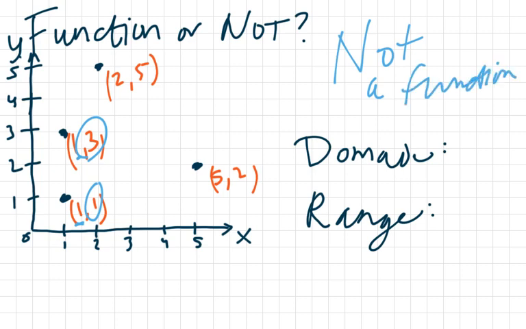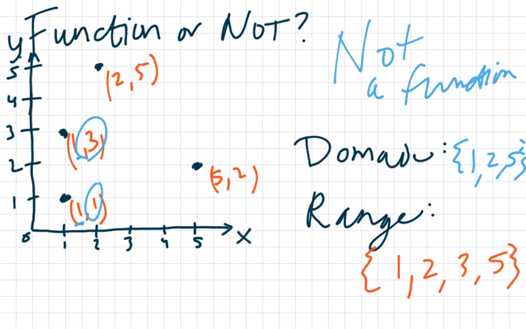However, it is a relation, so it still has a domain. The domain is 1, 2, and 5. And the range would be 1, 2, 3, and 5. Okay? So therefore, we don't have a function. But what makes this not a function? Well, if I look at this, here are my x values.